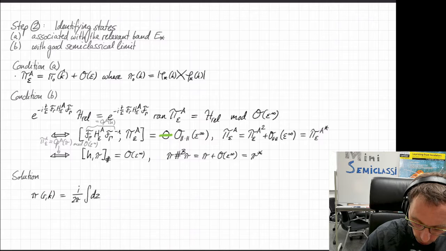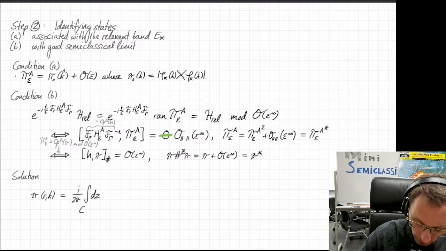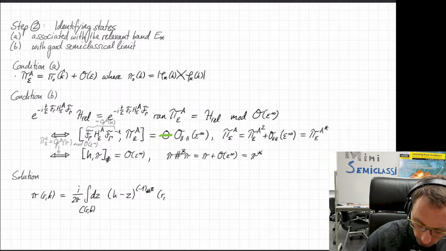So you're writing the projection. Since it's a projection, it's reasonable to think of it as a contour integral. And indeed, this is exactly the right approach. But you're taking the resolvent with respect to the Weyl product. So this is the so-called Weyl resolvent.